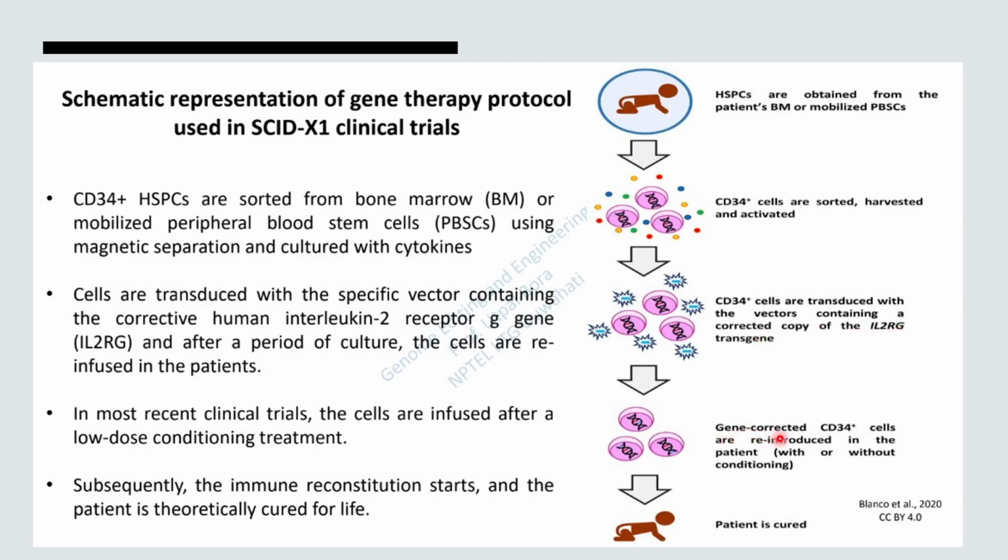Next, gene-corrected CD34 plus cells are reintroduced in the patient with or without conditioning. So now the patient is cured because only the CD34 plus cells having the defect have been sorted and harvested. Then the defect has been corrected using the vectors, and that is inserted into the patient. This generally happens during childhood.